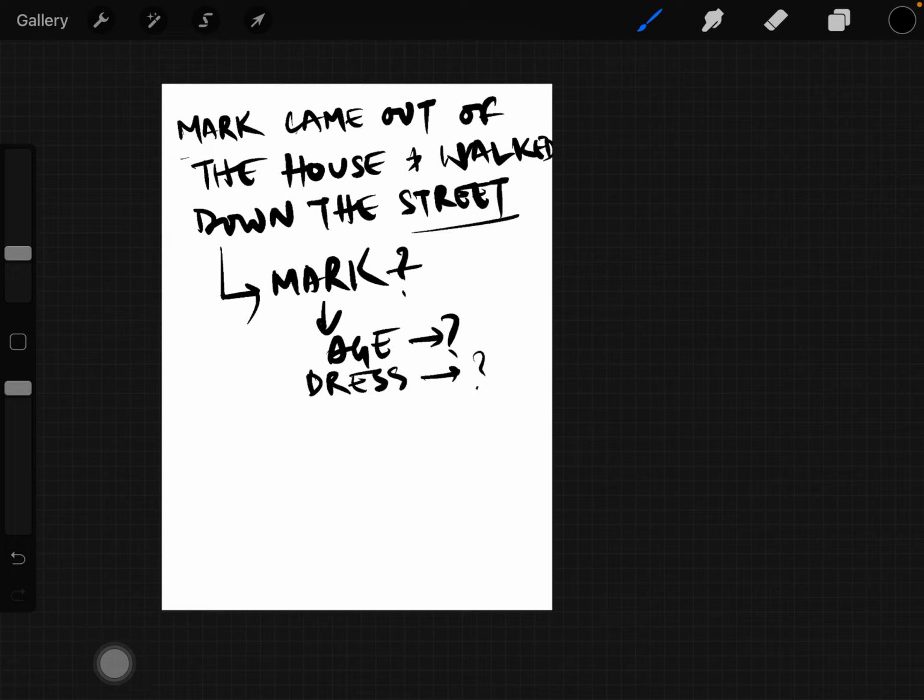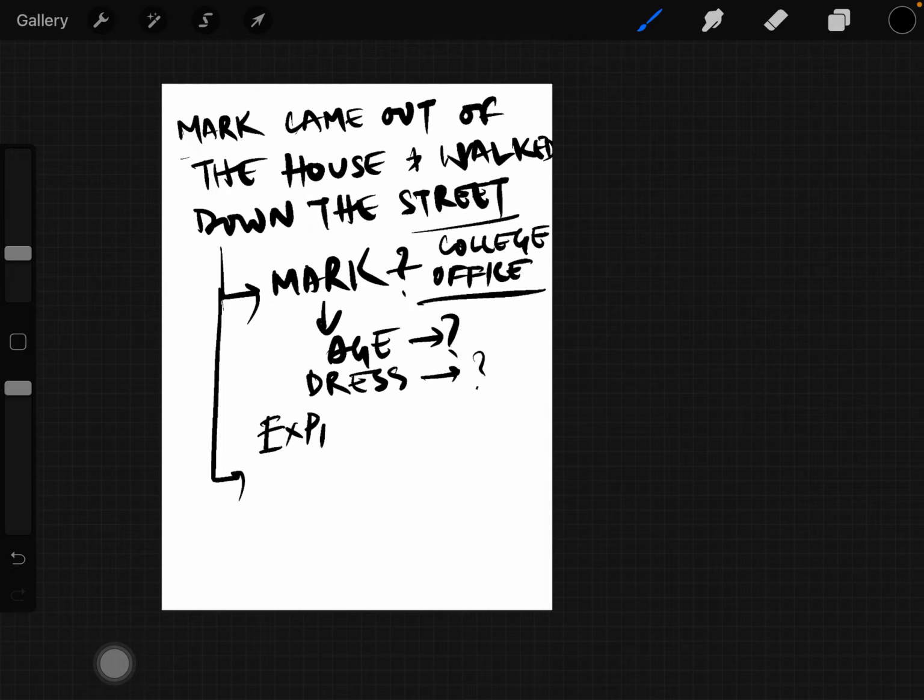If Mark is a college guy, he will wear some different kind of dress than if he is an office going person, right? Next is what Mark is thinking. So the expression of Mark, right? What he is thinking.